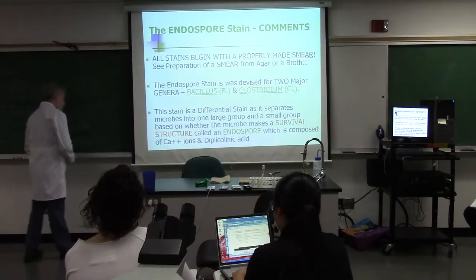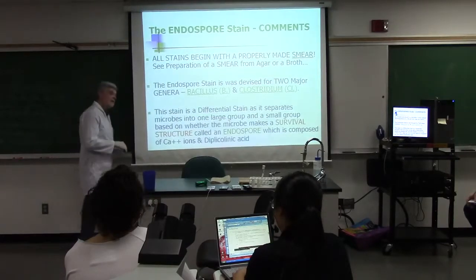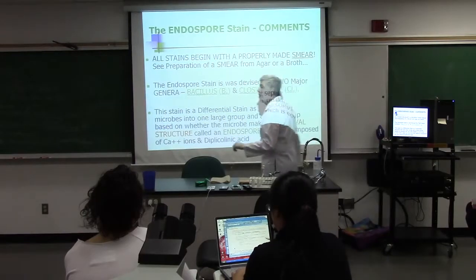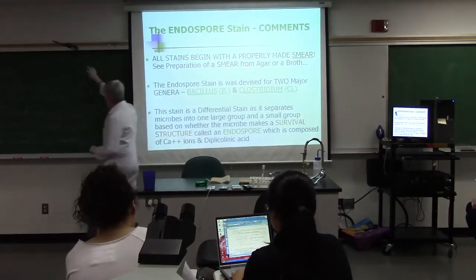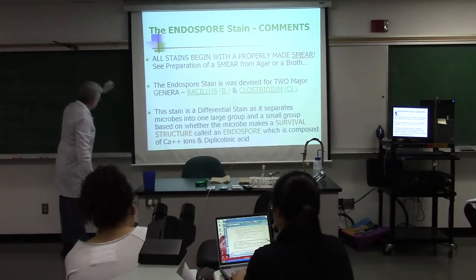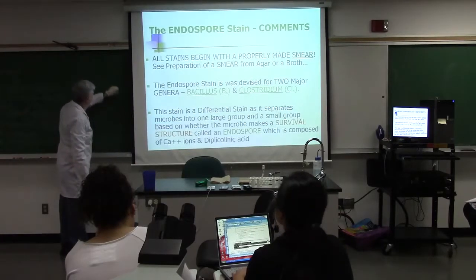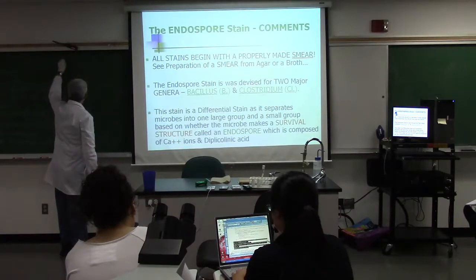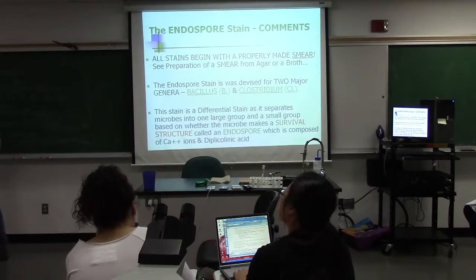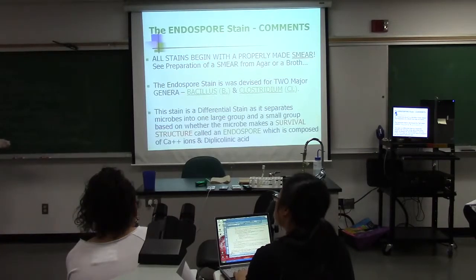If you ever look at one of our cultures and see something that looks like a snake, a very, very long twisty rod, that's Bacillus stearothermophilus. It's in the air, and it's the most difficult one to kill.